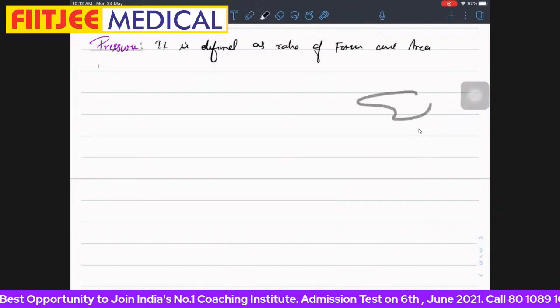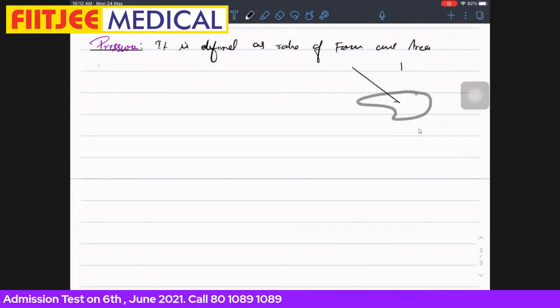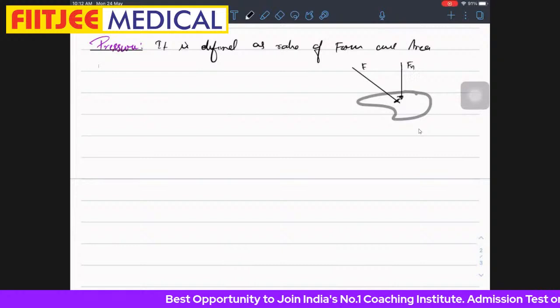Take a surface. On this surface, suppose a force F is acting. To calculate the pressure, we always take the normal component of the force, Fn.